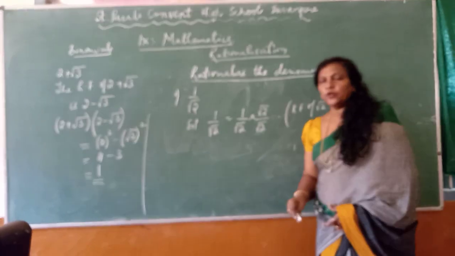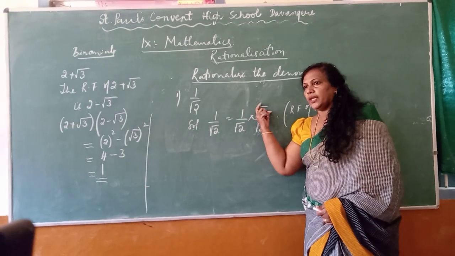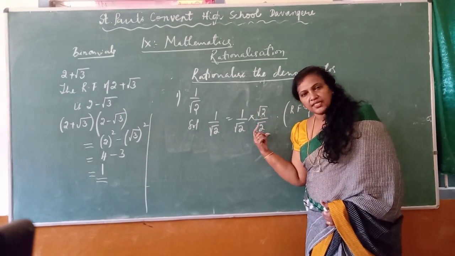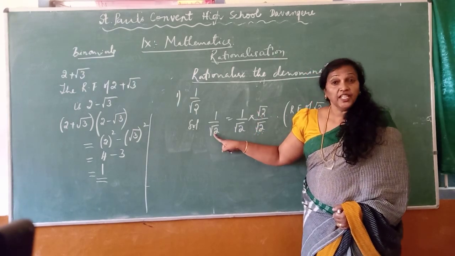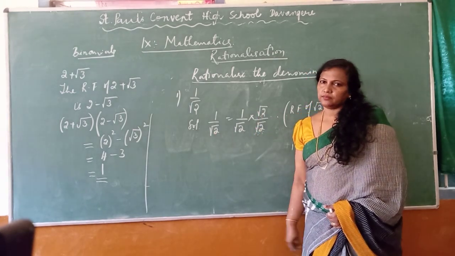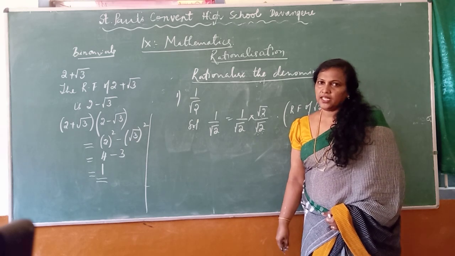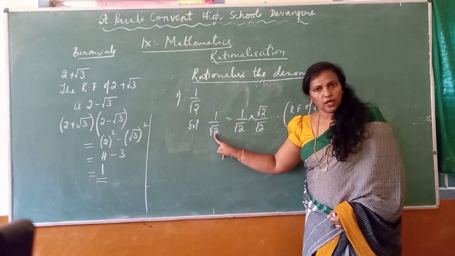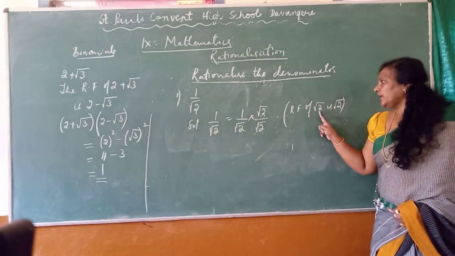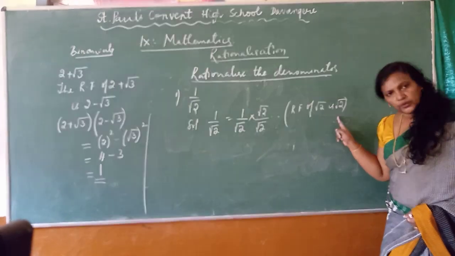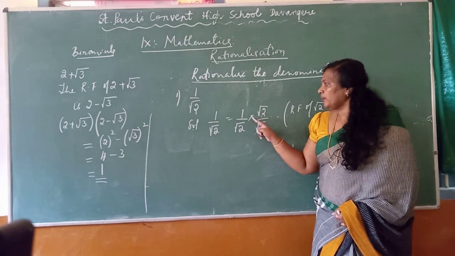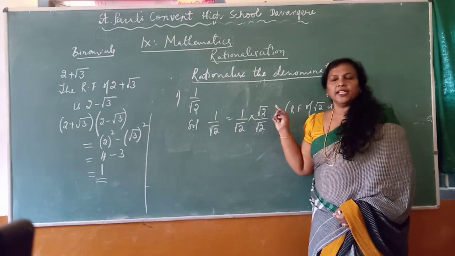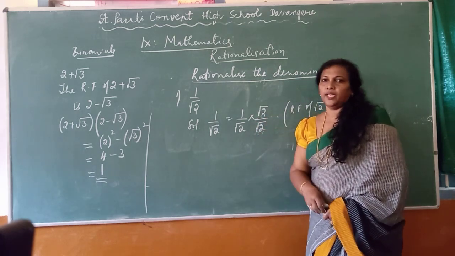So you have to multiply the numerator as well as the denominator by the RF of the denominator. Got it what I am saying? You know what is the RF of the denominator? The RF of the denominator, root 2, is root 2 only. So with that RF, you have to multiply the numerator as well as the denominator.